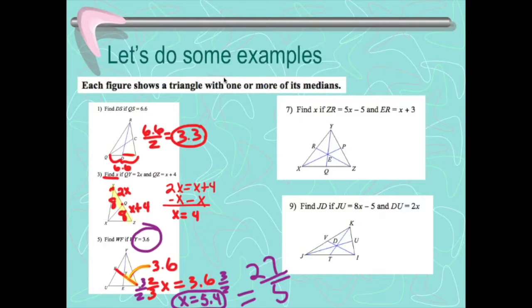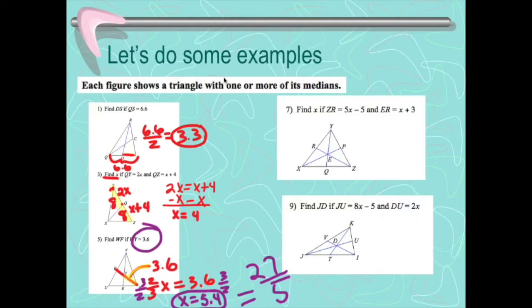If the original problem does not have a decimal, then you do not give me a decimal. You have fraction buttons that can turn those things into fractions. All right. Let's do number 7.